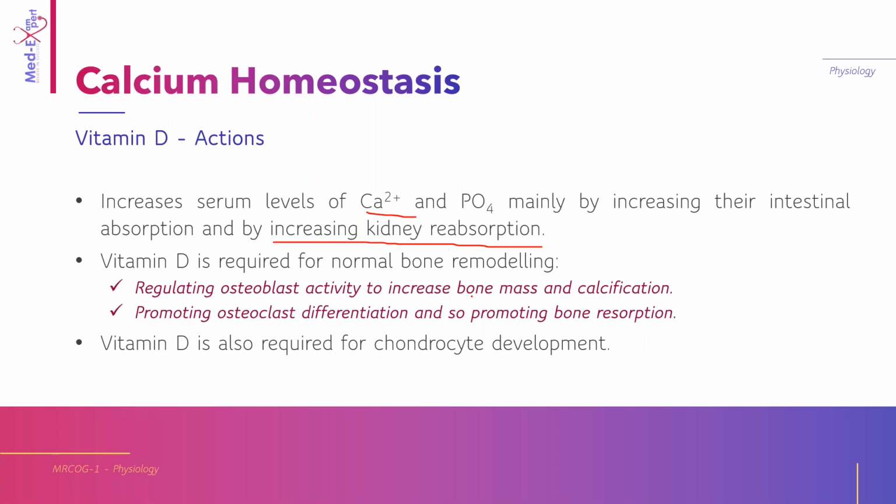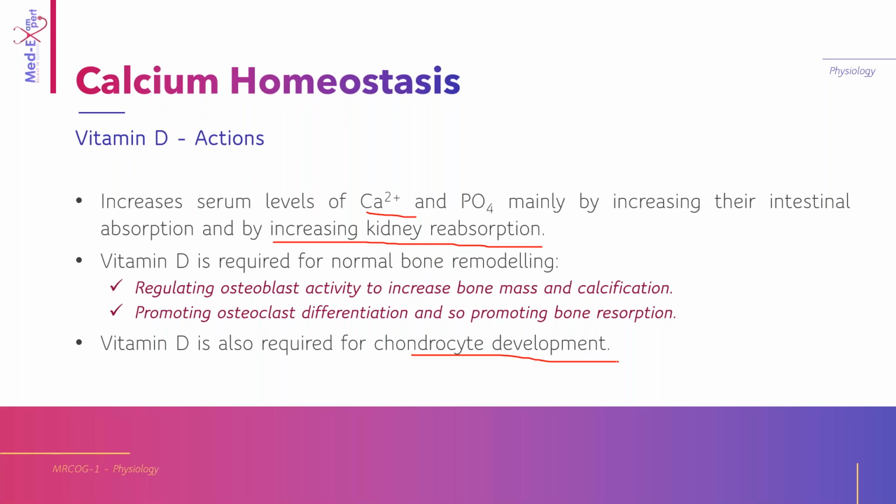It regulates the osteoblast activity to increase the bone mass and calcification, and also promotes the osteoclast differentiation and bone resorption. Vitamin D is also required for chondrocyte development. So the main action of vitamin D is acting on the intestinal tract and promoting absorption of both calcium and phosphate, and also increasing their kidney reabsorption.